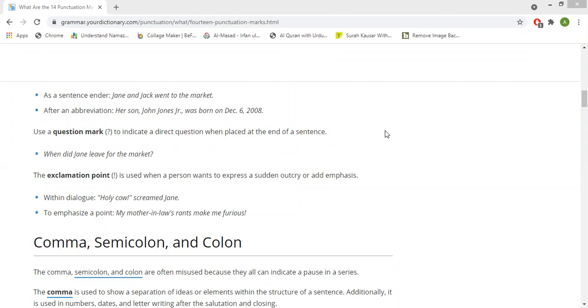Interrogation? Lamia? Is it interrogation? After interrogation, do we use the sign of exclamation, or after interrogation do we use a question mark?